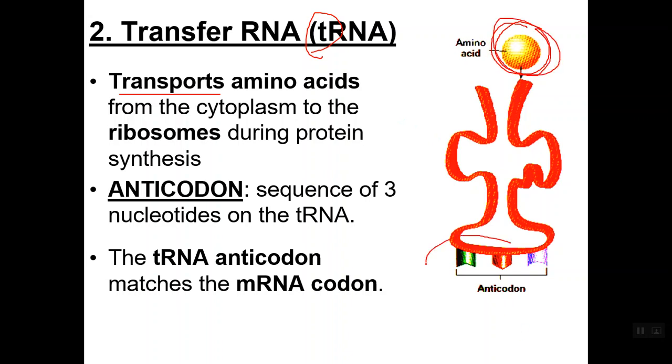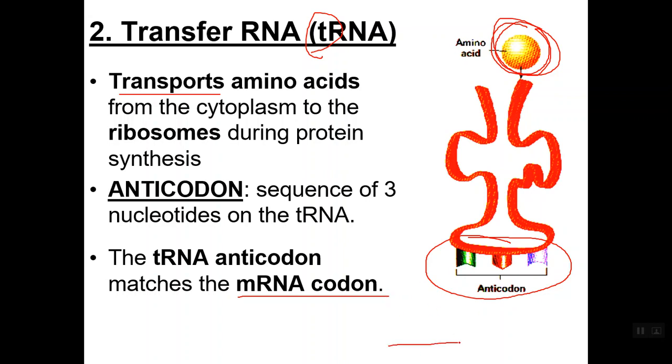And down here on the bottom is, I would say, the most important part. It's called the anticodon. The anticodon. And the whole point of the anticodon is to match the codon that's on the messenger RNA.